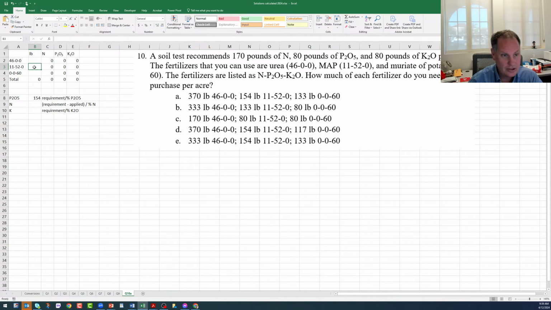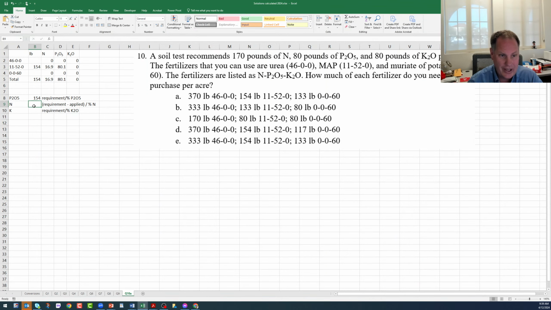So I'm going to put in 154 pounds. All this is doing is dividing it by that 52%. Now I also need to do that with the nitrogen, so I take 154 pounds times 0.11, and that gives me about 17 pounds of nitrogen here.